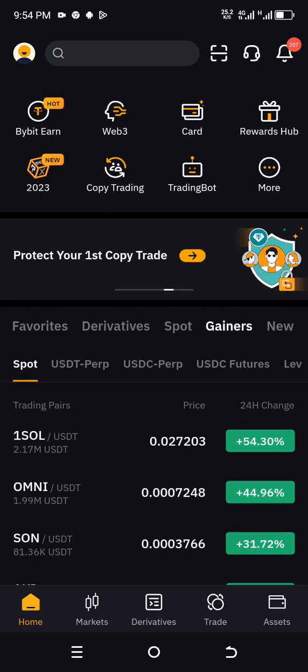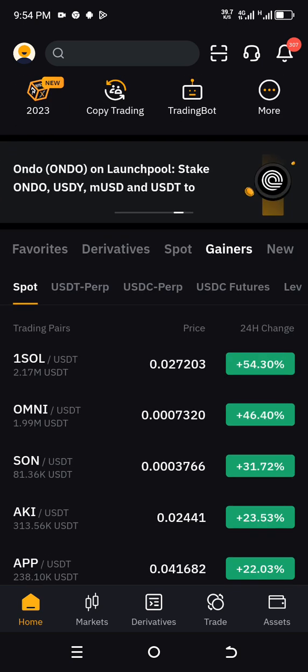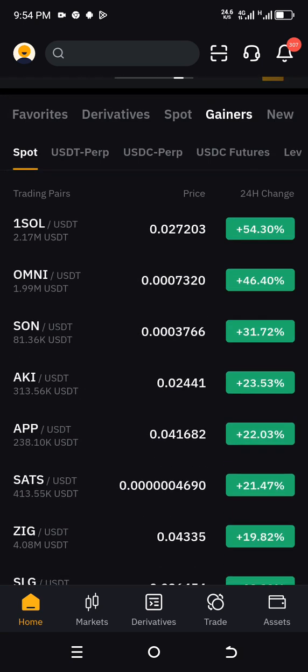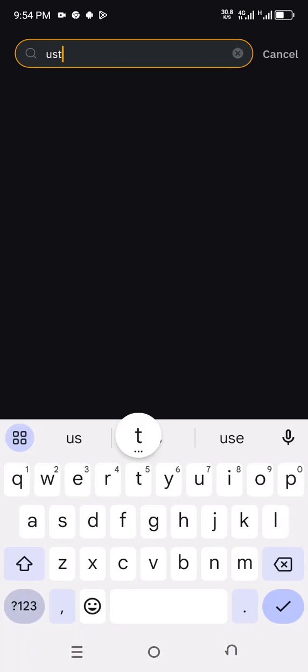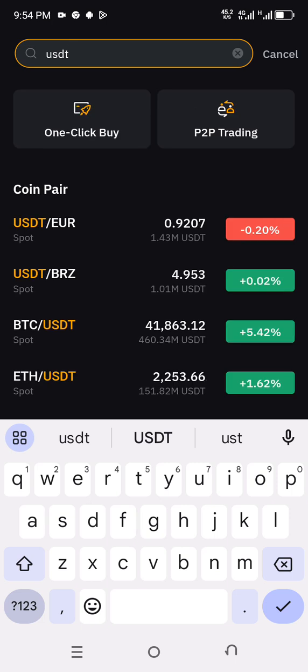As I said, go to your spot and look for USDT, and check what the current rate of USDT is.